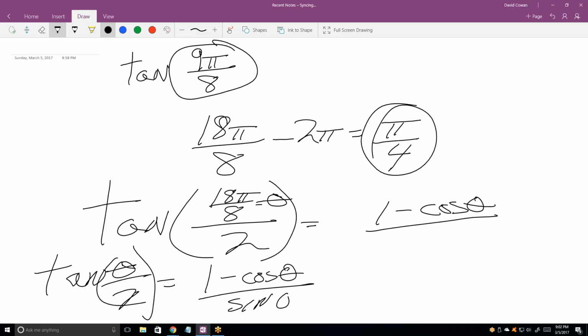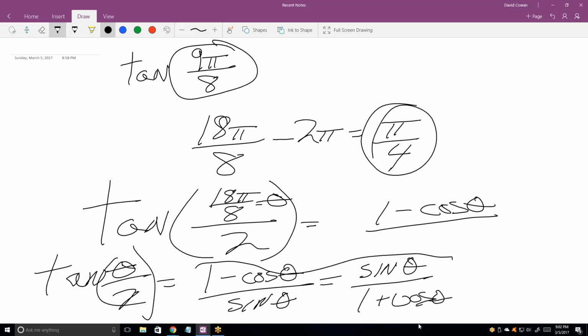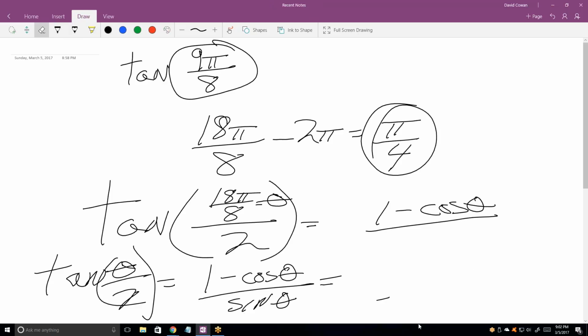But it says it's also equal to sine of theta over 1 plus cosine of theta. Oh yeah, that's a very common trig verifying identity. They frequently give you this problem and say verify that that's equal to that. So we don't need both of them. We can just use this one.